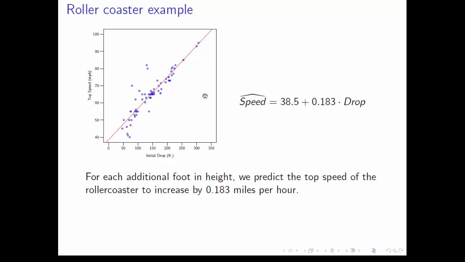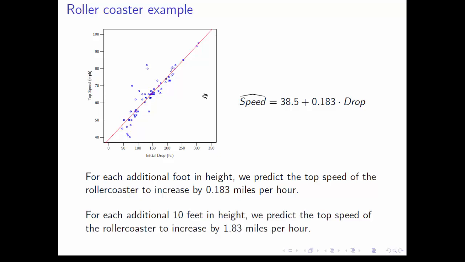You and I wouldn't have had any idea. Maybe 50 miles per hour? Probably not, but I wouldn't be able to make an educated guess. Yet here we have taken actual data from actual roller coasters and discovered that 10 feet higher would increase the speed by 1.83 miles per hour.